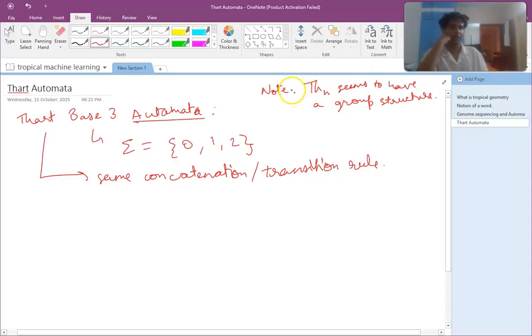I'm not going to elaborate on this right now because it would be a little too long to prove that this is a group. So I will just talk about how to do it. Why is it a group structure?